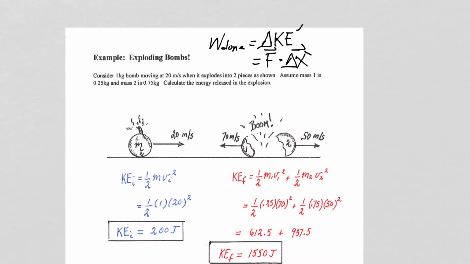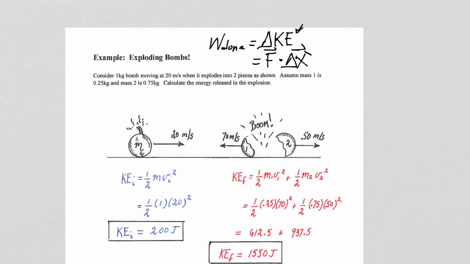Maybe they started it from rest, so v equals 0, and then told you something about its speed later on. Well, there you have the change in the kinetic energy. You know the work done. They definitely will do that to you in questions, and you have to be on the lookout for that.